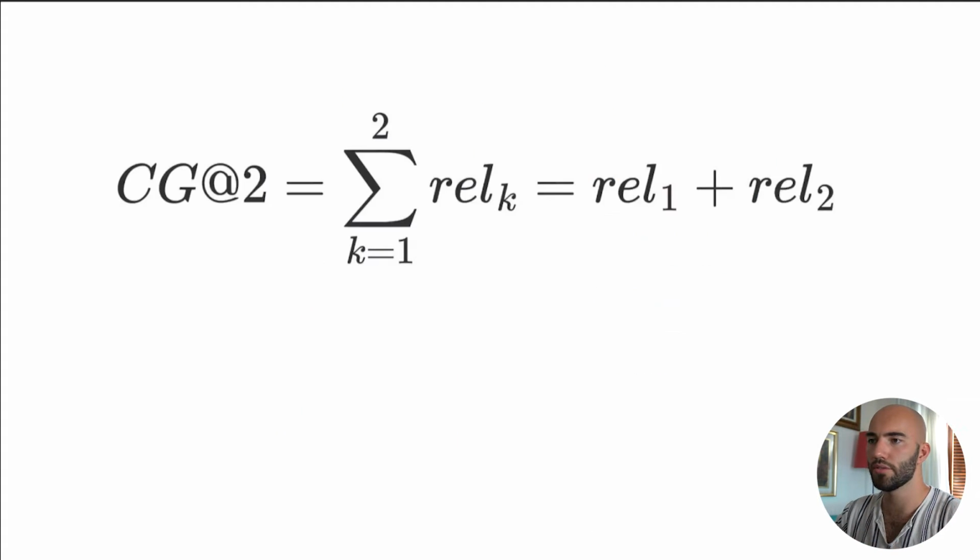And if we were to take that into our formula, we would get something like this. So we're summing over all k values. So we have k here up to the k of 2. Okay, so this is the lowercase k, this is the uppercase k. So we go 1 and 2.